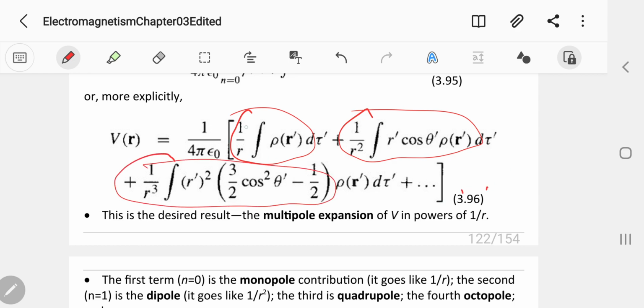You notice here is 1 over r squared, and 1 over r cubed. That is the multipole expansion. And so this one is for the monopole, this one is for the dipole, and this one is for the quadrupole, and so on.